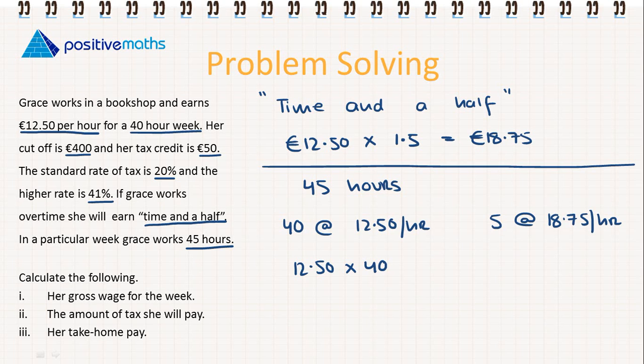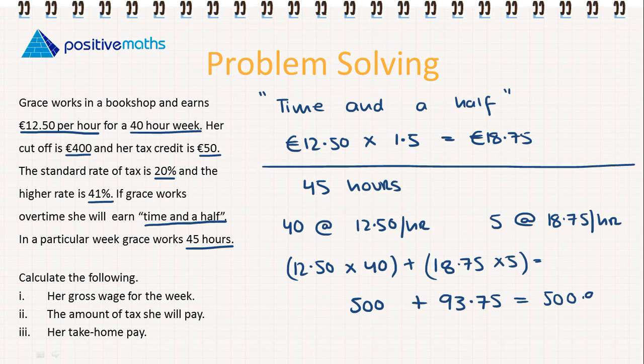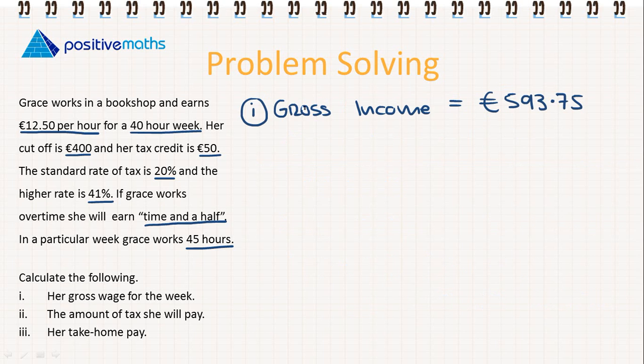So it's going to be €12.50 multiplied by 40, plus €18.75 multiplied by 5. 12.50 by 40 is going to give us 500. For her overtime, she will get 93.75. So in total, she's going to get 593.75, and that's euro.